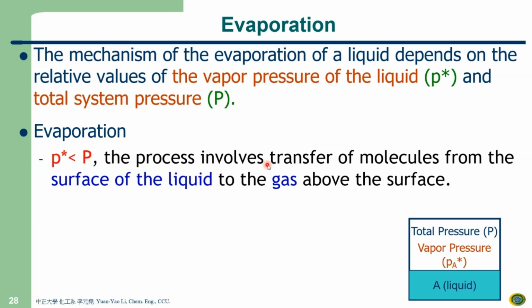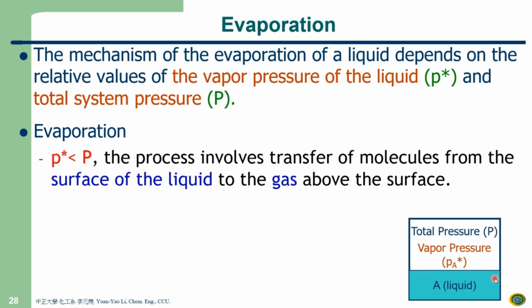The process involves transferring molecules from the surface of the liquid to the gas above the surface. So at this moment, if Pi star is less than capital P, the water molecules will only vaporize from the surface.